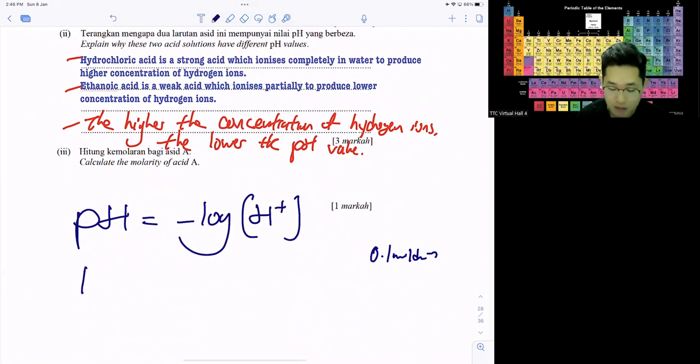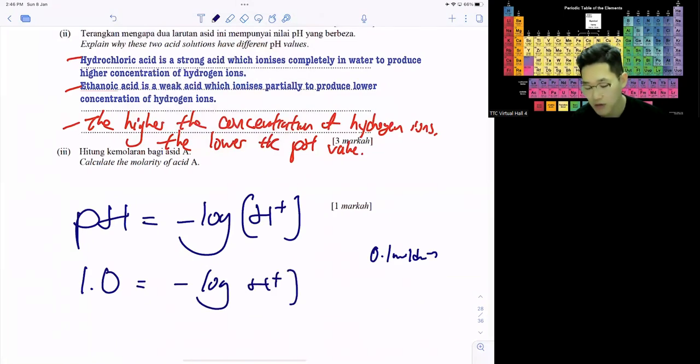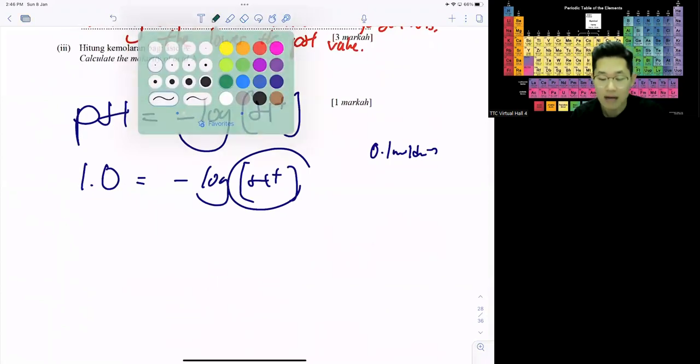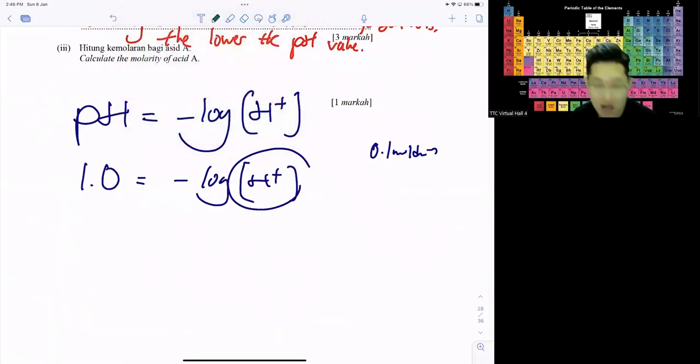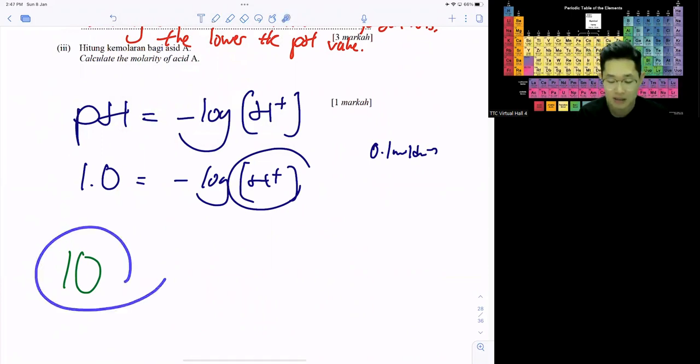Okay, pH is 1.0. Now we want to find the H plus. So in maths that you have learned, it will be anti-log. Log, you put it to the other side, it will be anti-log. So anti-log is 10 to the power of. You just press your calculator, shift log.